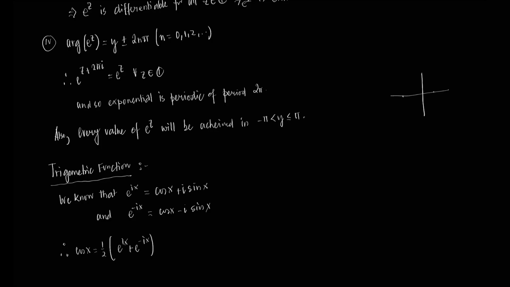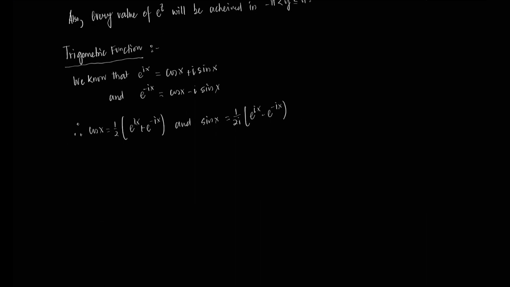This we know from the earlier courses. And sin x can be written as 1 by 2i times e power ix minus e power minus ix.